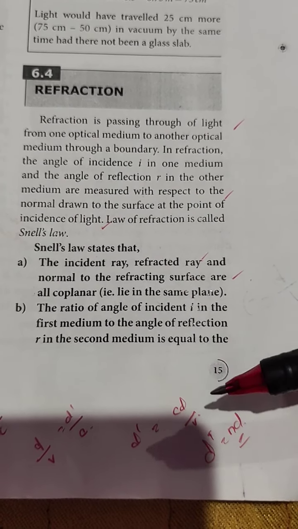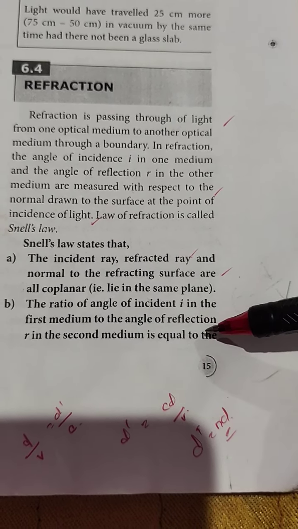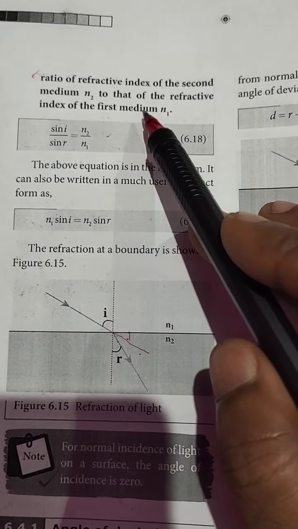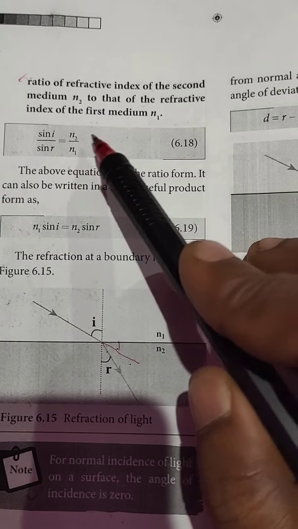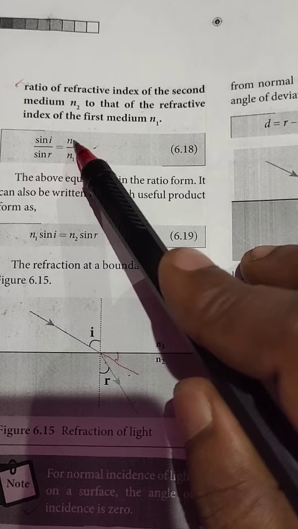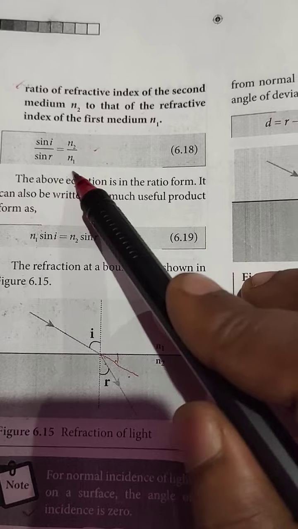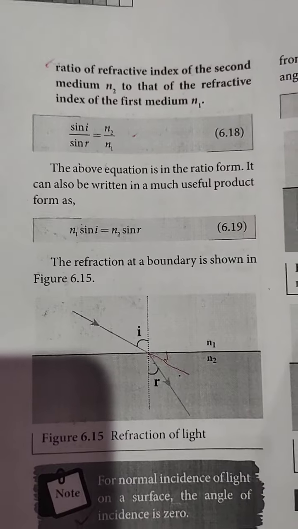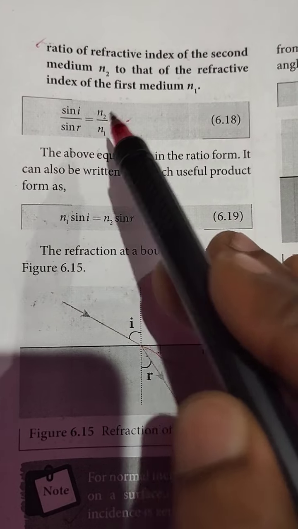And the second point: the ratio of the sine of the angle of incidence i in the first medium to the sine of the angle of refraction r in the second medium is equal to the ratio of the refractive index of the second medium n2 to the refractive index of the first medium n1. So we can write this equation like this: sin i by sin r equals n2 by n1.